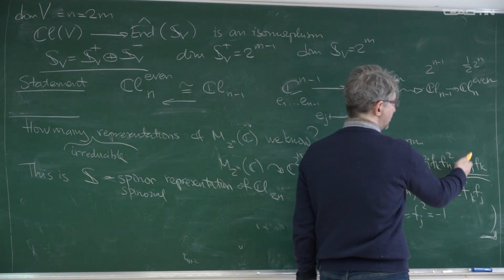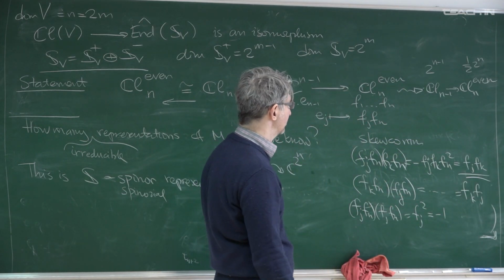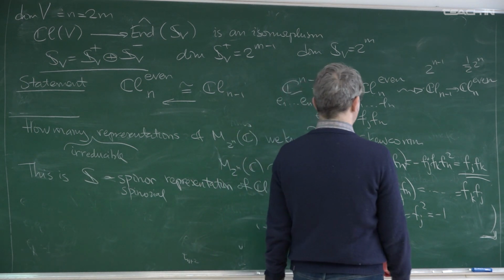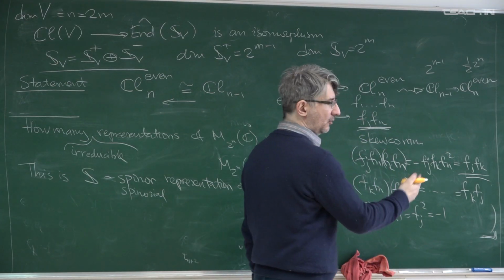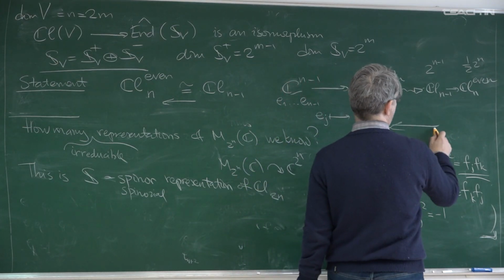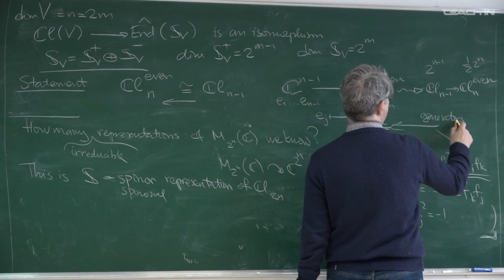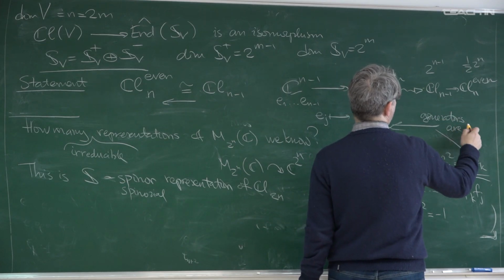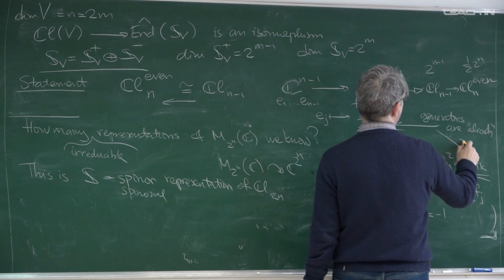But the even part is generated by pairwise products in any order. Okay, so these are generators and these are generators. They are all already in the image.